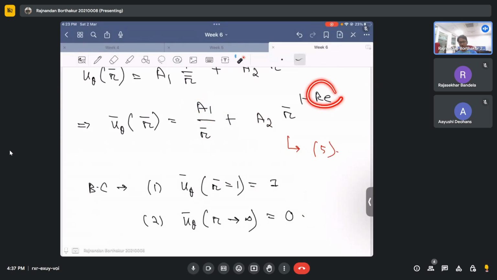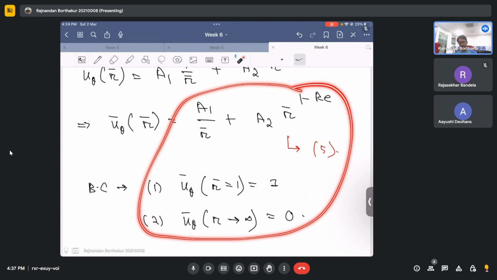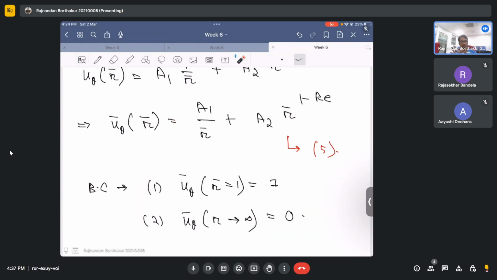Because we know that Reynolds number is just a number and it can take any value. Of course, it cannot take a negative value; it will take a value from 0 to infinity. Or is there some problem with this boundary condition, or are these boundary conditions sufficient to uniquely determine a1 and a2?